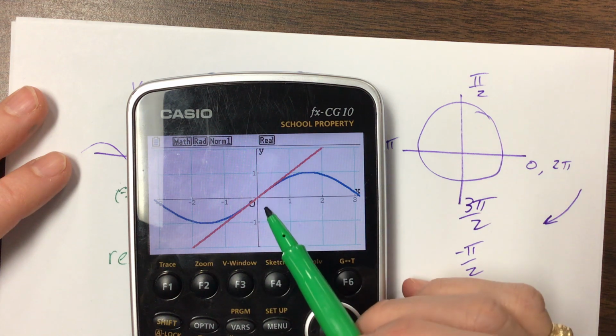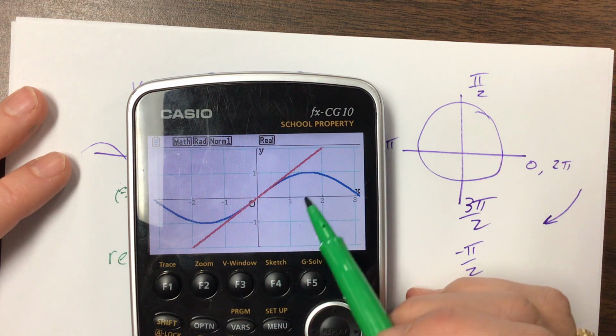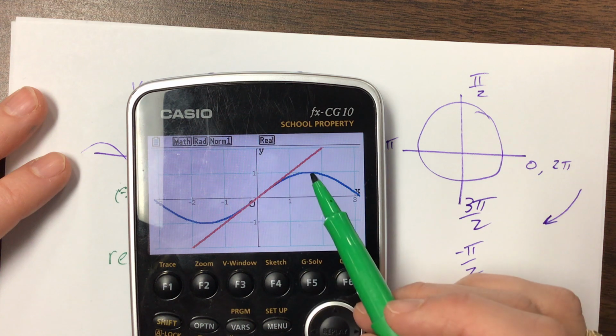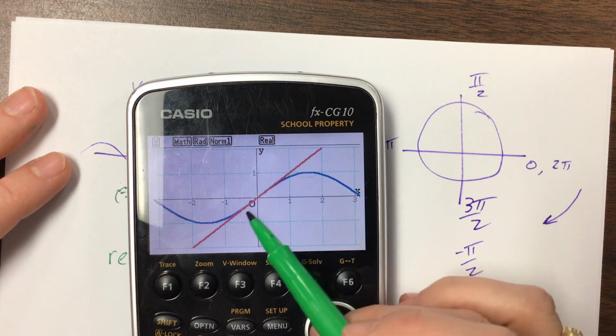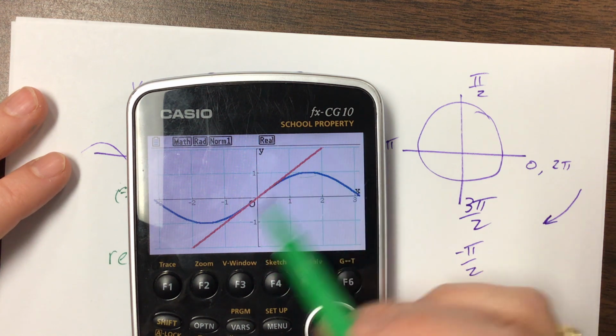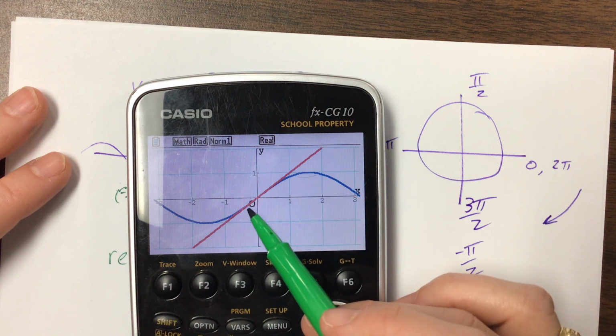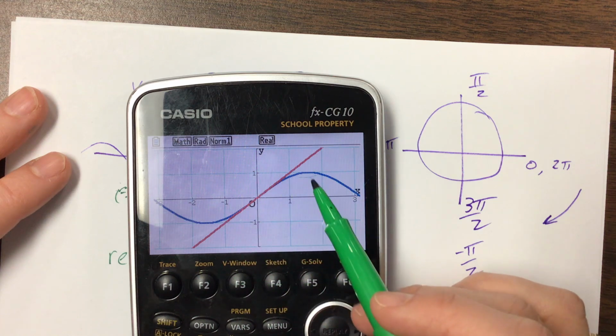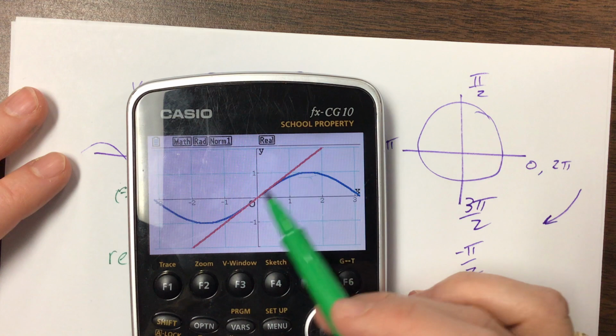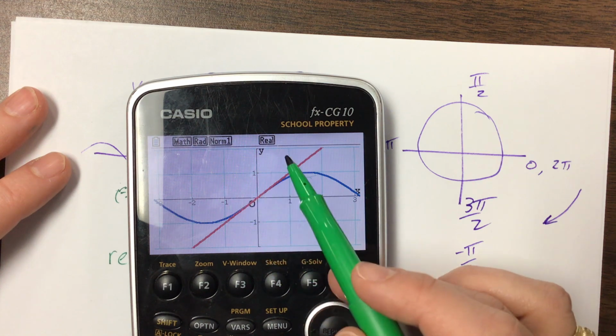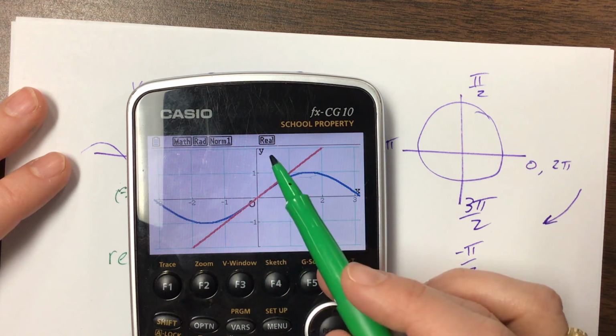Okay, so we need to take this piece right here, this curve right here, and we need to reflect it over this line. And so you'll notice this part that is concave down right here, when I reflect it, it's going to end up being concave up over here.